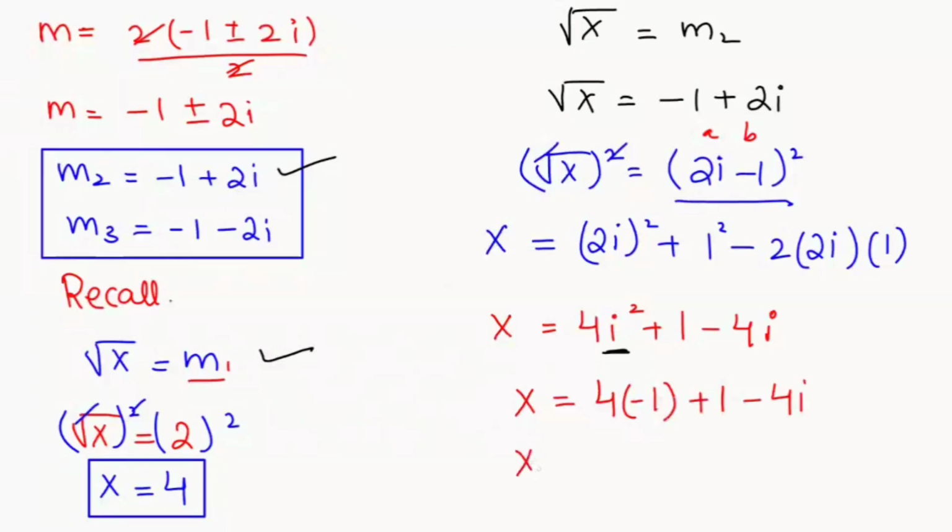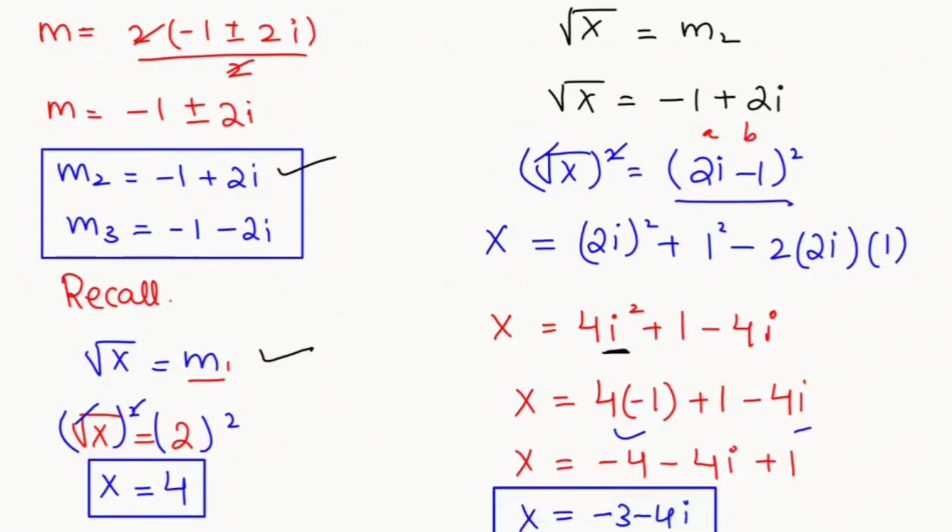And this will be equal to minus 4 and minus 4 iota plus 1. This and this is going to turn to negative 3 minus 4 iota. So here we get the complex solution because of the imaginary number we get here.